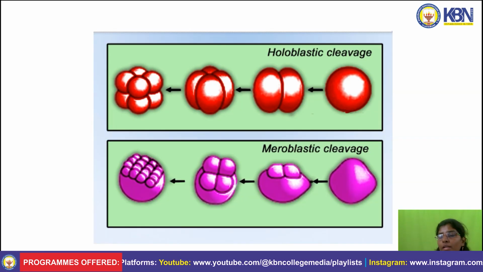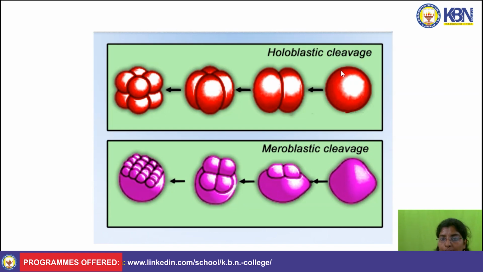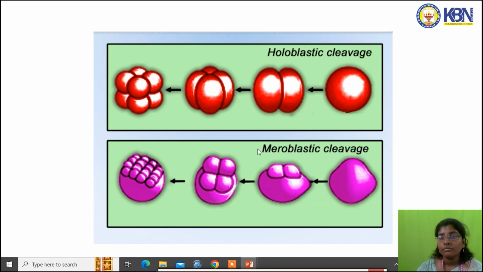In holoblastic cleavage, the division goes like this: first the 2 cell stage, then the 4 cell stage, and we can observe a parallel division. If the cell is divided entirely, it is called holoblastic cleavage.